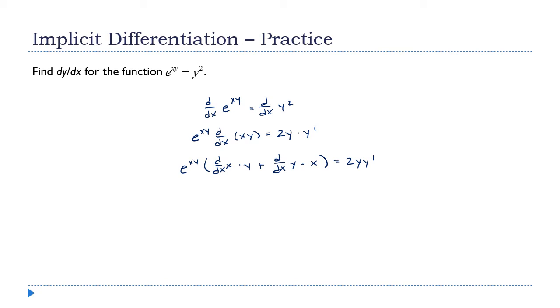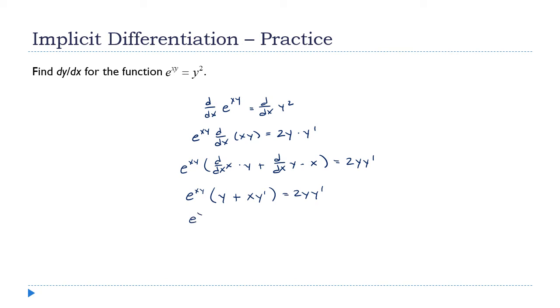I was going to move that e to the xy over, but there's a y prime on the right side, so let's not do that just yet. This is e to the xy. The derivative of x is 1, so this first part is just y plus x y prime equals 2y y prime. Now let's distribute.